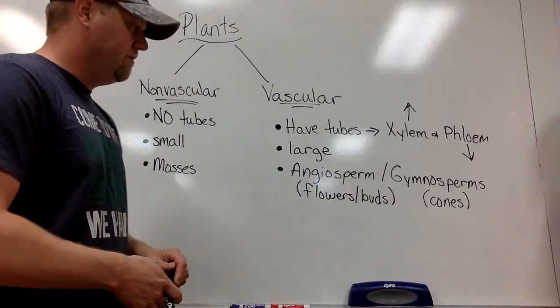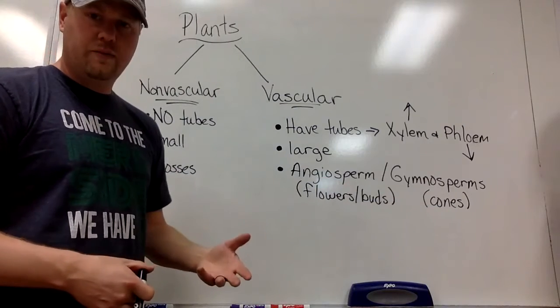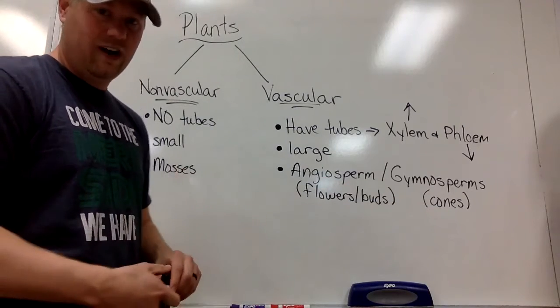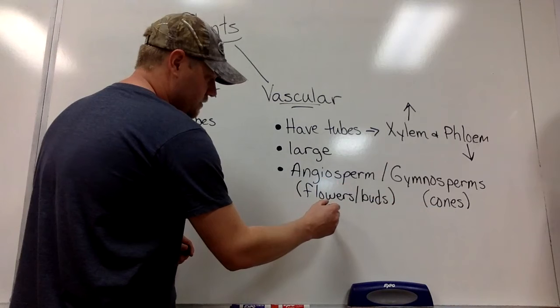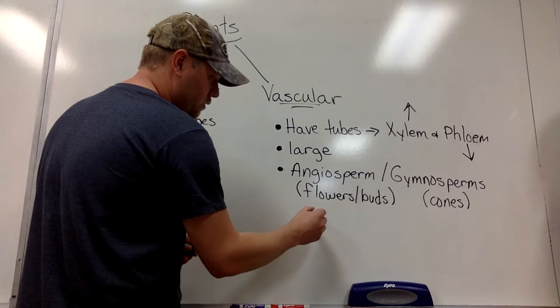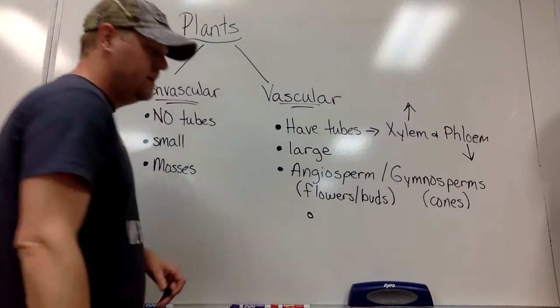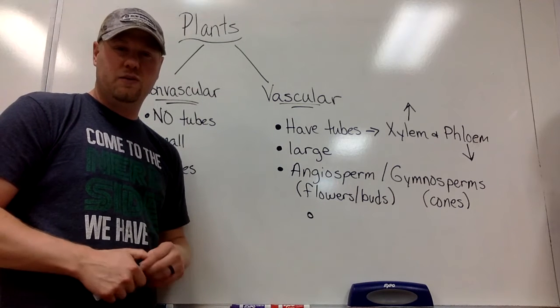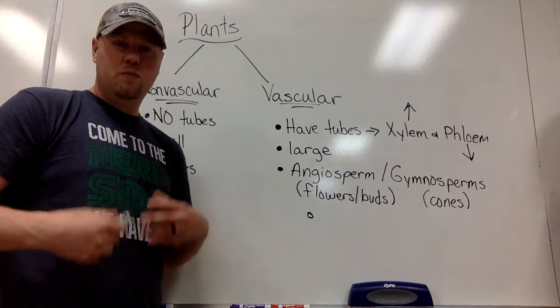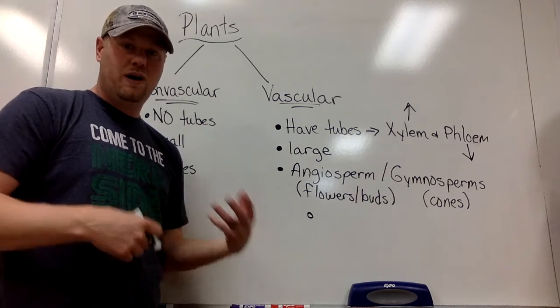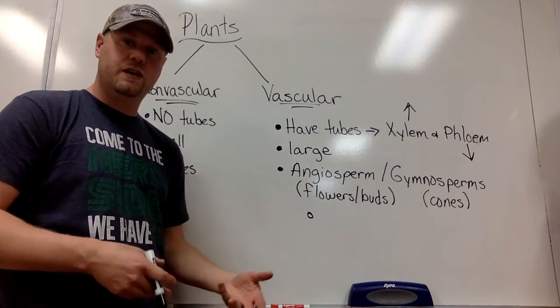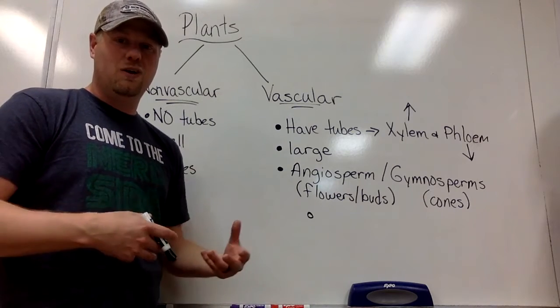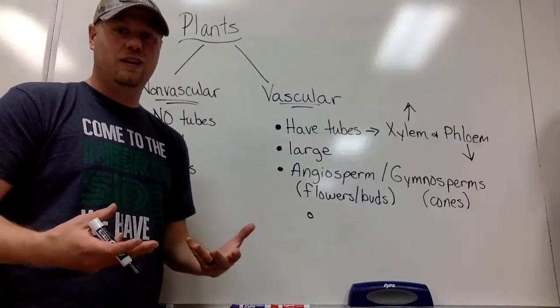The other group of things that we talked about were monocot and dicot. Now, that actually falls underneath this category right here of the angiosperms. I'm not going to get too complicated with it because I don't think we're going to need to spend a ton of time. But what I want you guys to remember is mono and di are two prefixes. And basically, they go along with how these plants begin when they sprout.